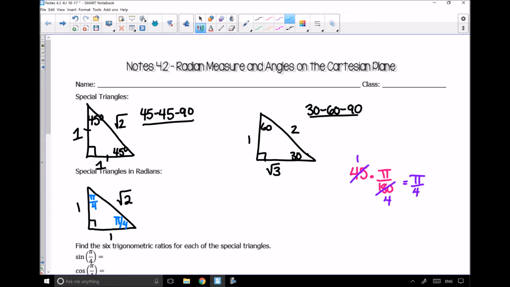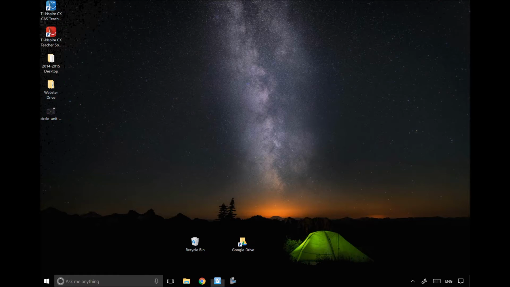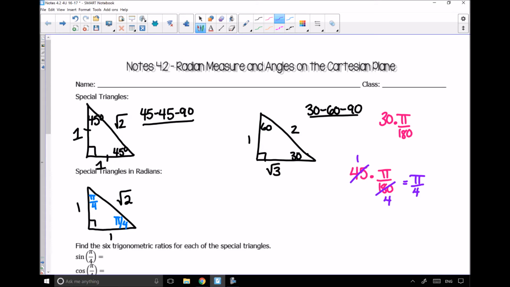Okay, now let's do the same thing with our 30-degree angle. I'm going to multiply it by pi over 180, and I'm going to see how many times 30 goes into 180. It goes in 6 times, so I can cancel this out to make this a 6. I can make this a 1, so this right here is just pi over 6. So that's what 30 degrees is.